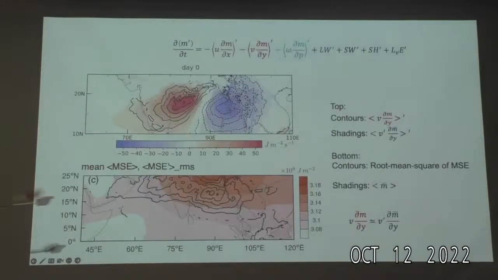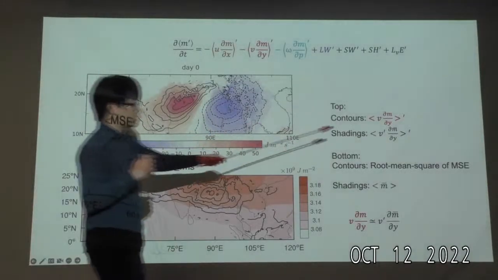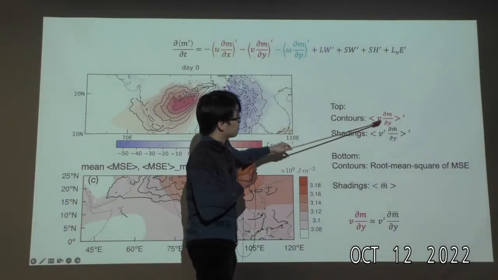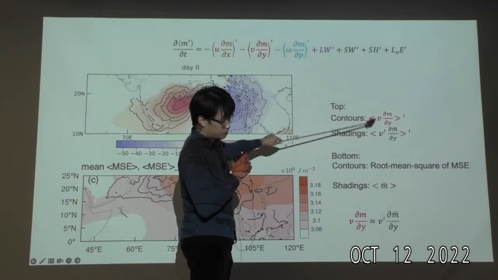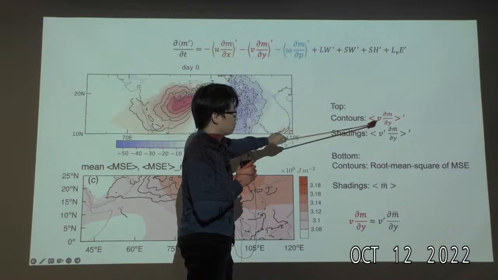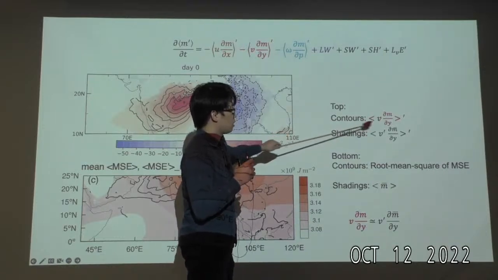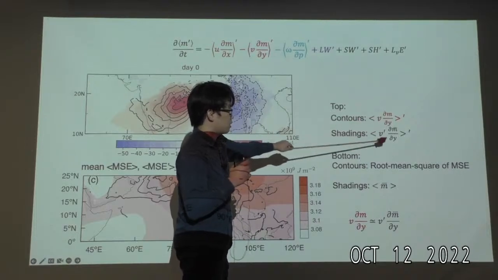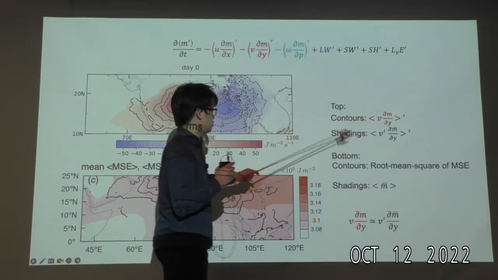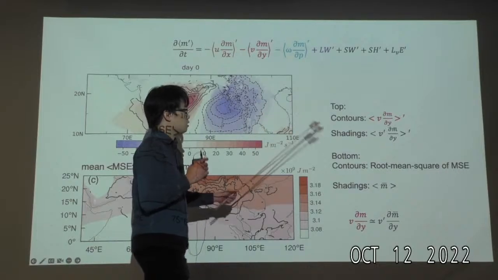And if we look into the detail of this term, we can separate them into means and anomalies, like V equals V bar plus V prime, and separate them into 4 different terms.